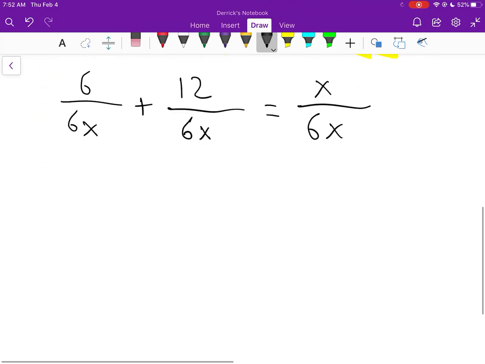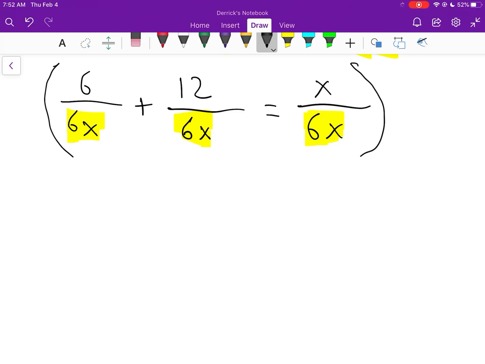See now how we have created this new equation where we've just modified the original one. It still has the same values, but now all three of our terms have the exact same denominator of 6x. And now, much like the very first example where we were dividing by 3 so I multiplied by 3, I'm going to multiply this entire equation by 6x.